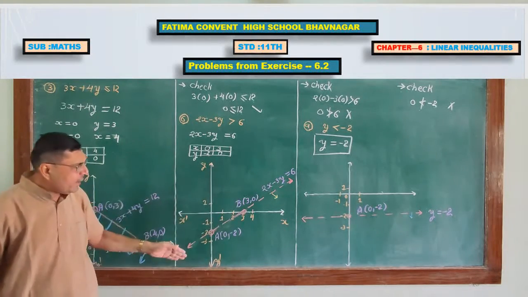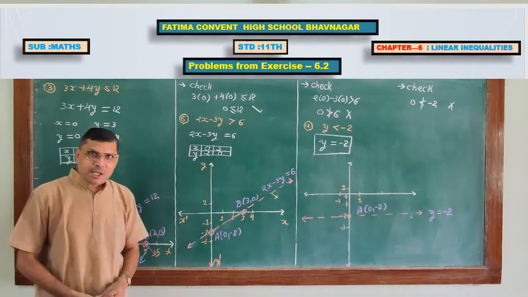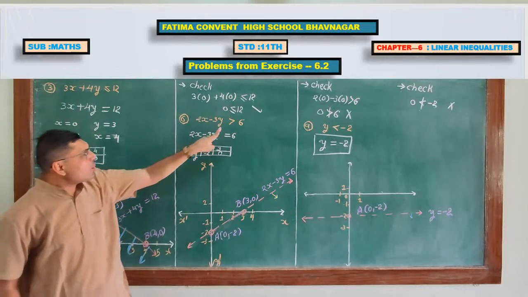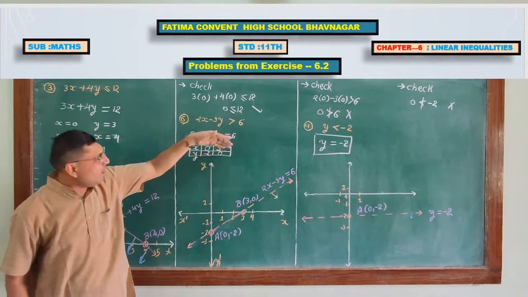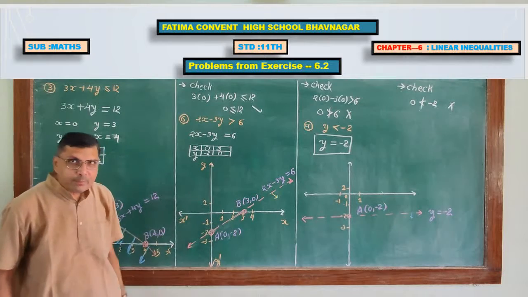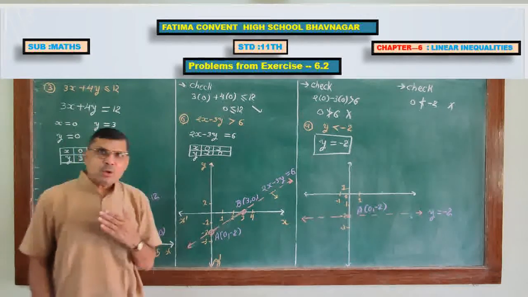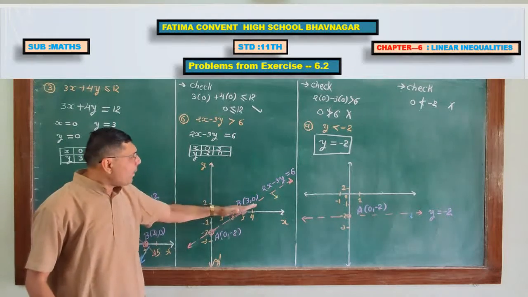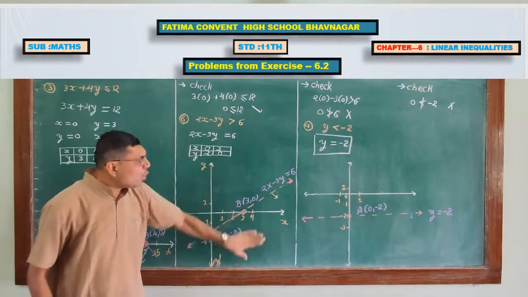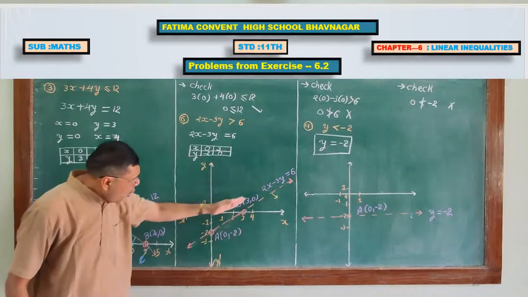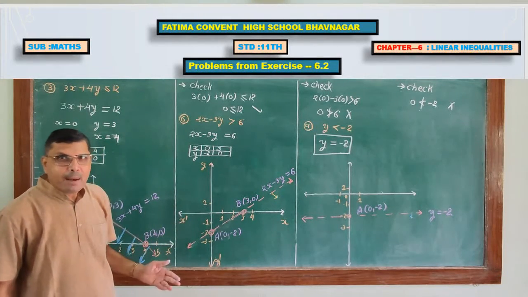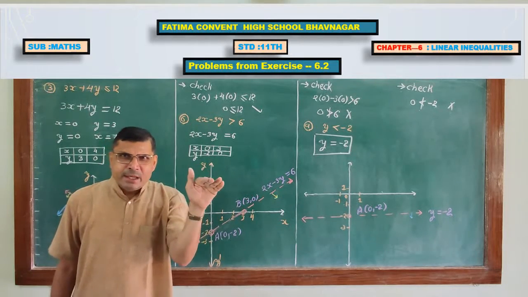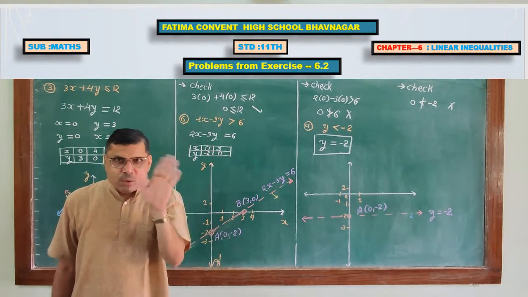Now join these two points, but be careful. This time, as I explained in the previous question, since it is not equal to, I will use a dotted line. Once again there are three regions: the upper portion of the line, the lower portion of the line, and on the line, which is the dotted line. That dotted line indicates that points on it we do not have to consider.